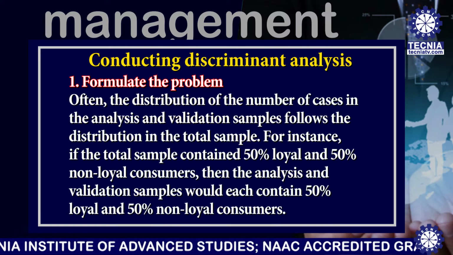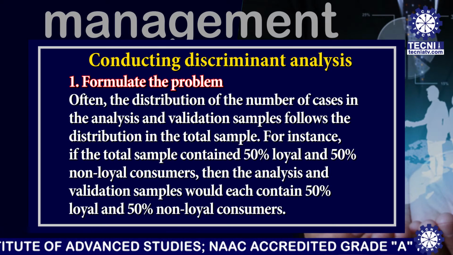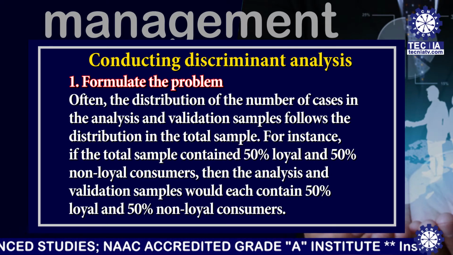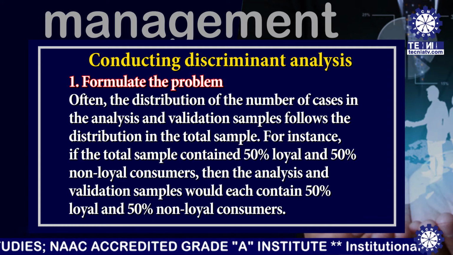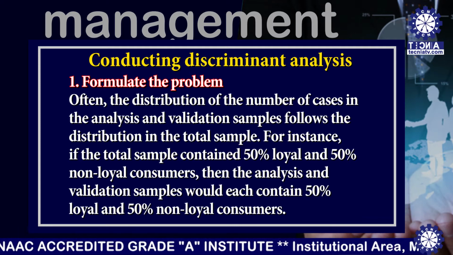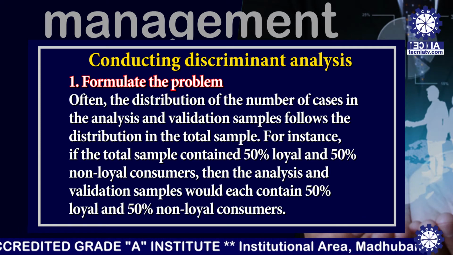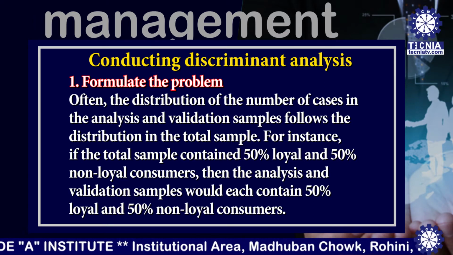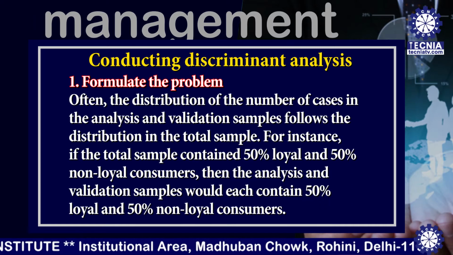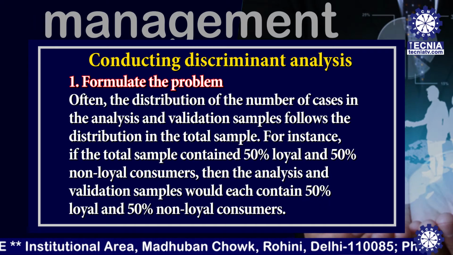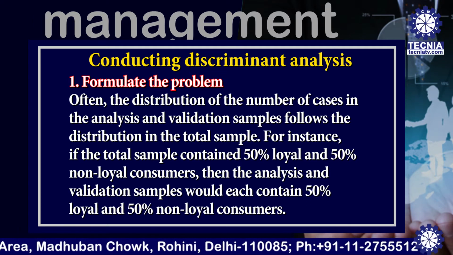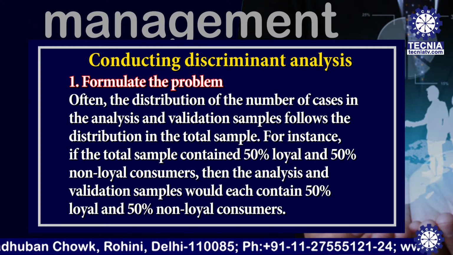Often, the distribution of the number of cases in the analysis and validation samples follows the distribution in the total sample. For instance, if the total sample contains 50% loyal and 50% non-loyal consumers, then the analysis and validation samples would each contain 50% loyal and 50% non-loyal consumers.